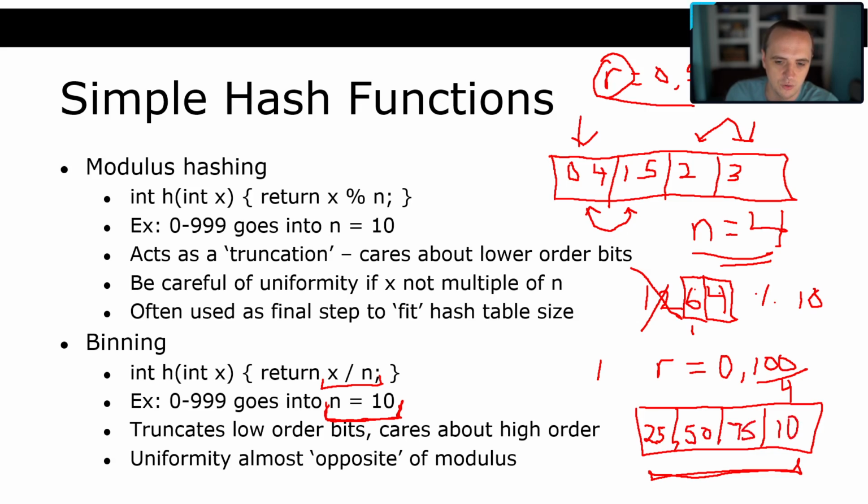And 75 to 100 are going to go in the fourth bin. So you could see that if I had a bunch of small numbers, they're all going to go in the first bin, and maybe this is not overall super uniform, right? However, as the limit increases to an infinite number of values put in, these both are uniform. But you might want to use one in one case and another in another case. They're just examples of simple hashing functions.